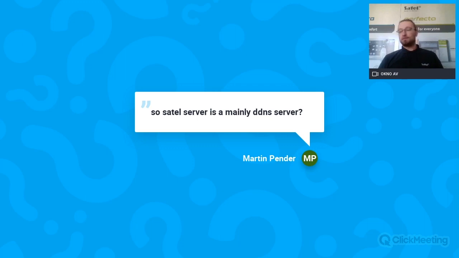Then when you connect with the mobile application, you connect to the SATEL server, and because it already has a connection with the panel, it is able to connect both of them together. DDNS only works with a dynamic public IP address. Our SATEL server works with any kind of network, without a public IP address or dynamic, doesn't matter. It will work.